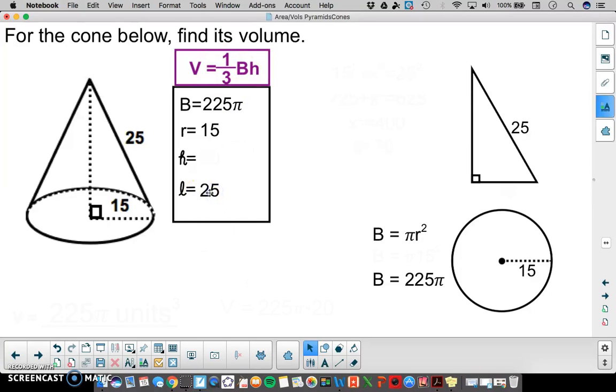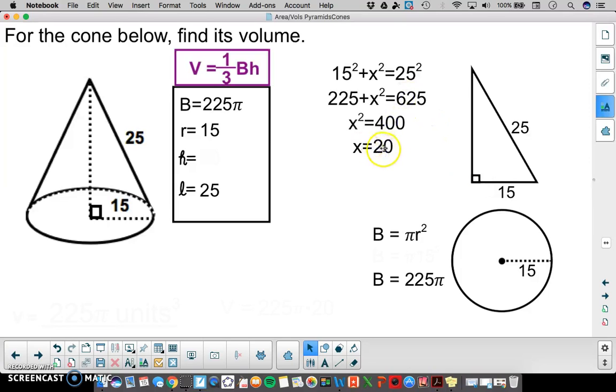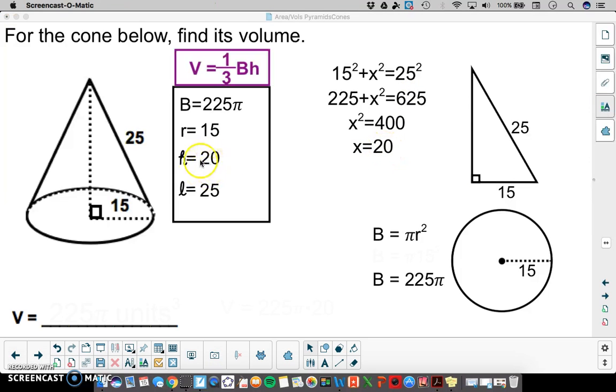I was given a slant height of 25, and I know my radius is 15, which is also this horizontal base of my height triangle. I can use the Pythagorean theorem with 15 squared plus x squared equals 25 squared. The x will represent that height that I'm missing. Solving the Pythagorean theorem, I find that x is equal to 20, which means the height of my cone is 20.